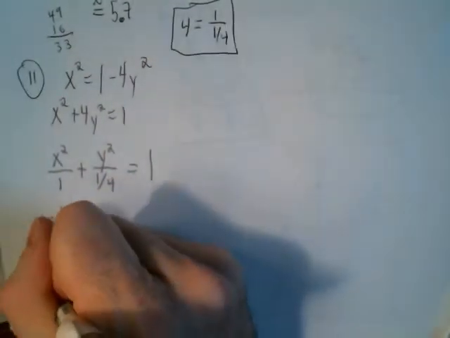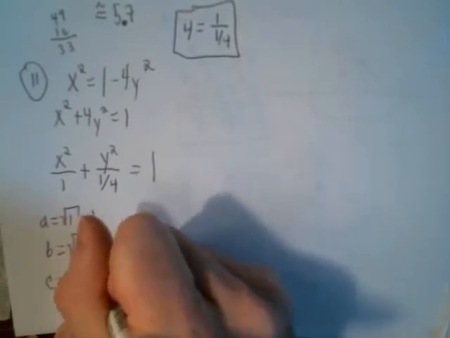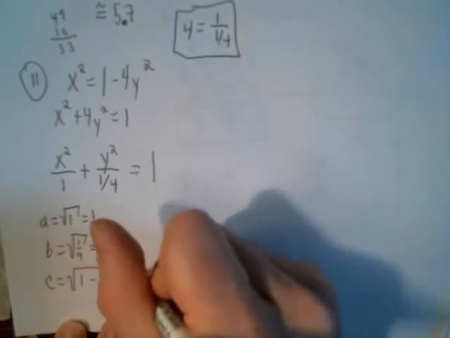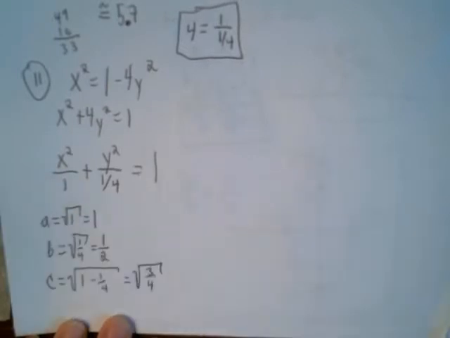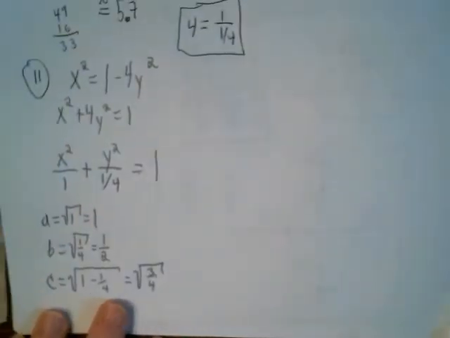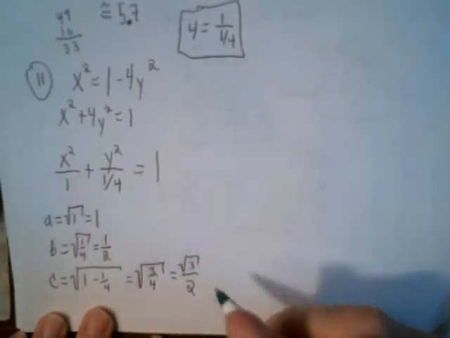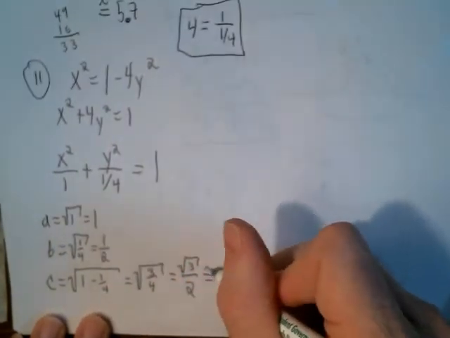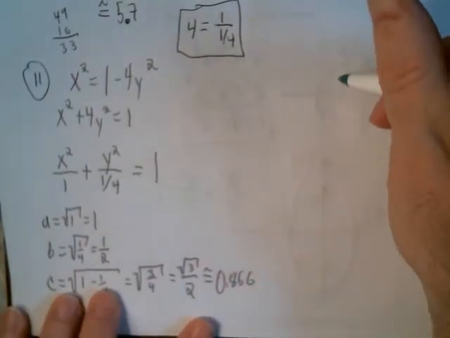And then our c value will be the square root of 1 minus 1/4, which will be square root of 3 all over 4. Just 4/4 minus 1/4 is 3/4. And then it'll be square root of 3 over 2. Let's get a nice decimal going. So that's approximately 0.866. And now we can go to our graph.